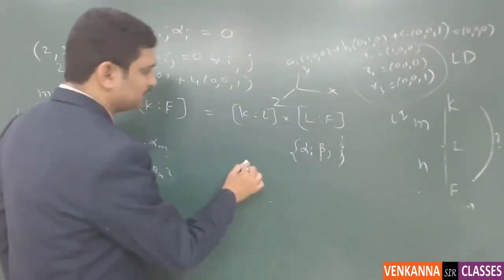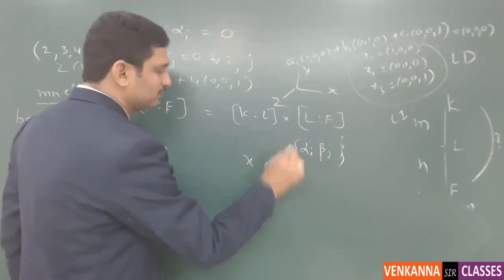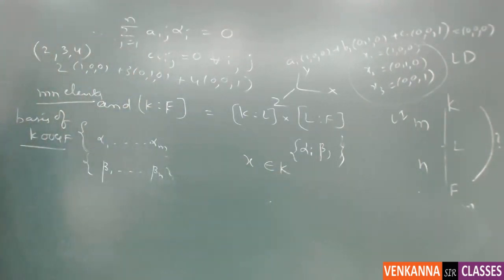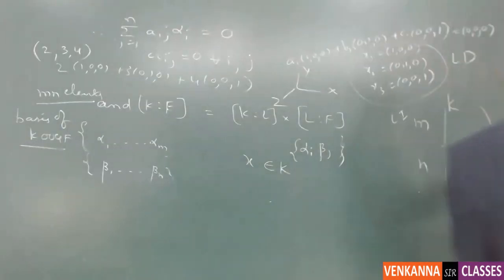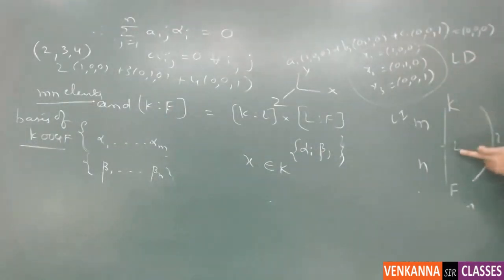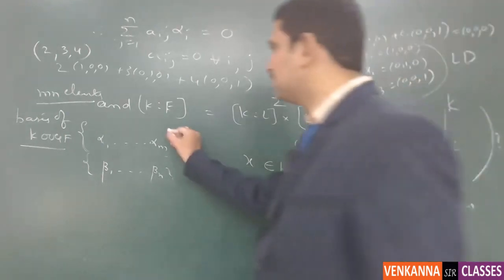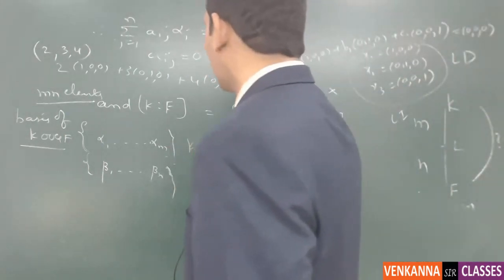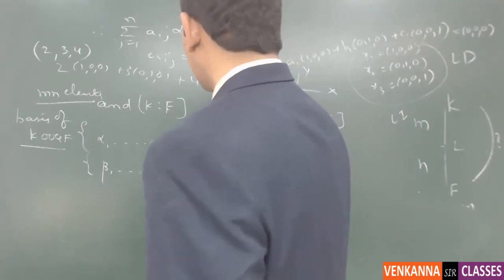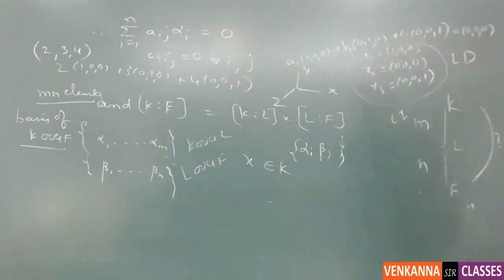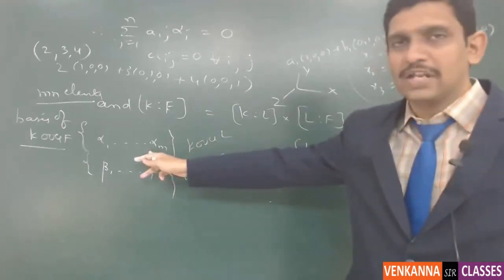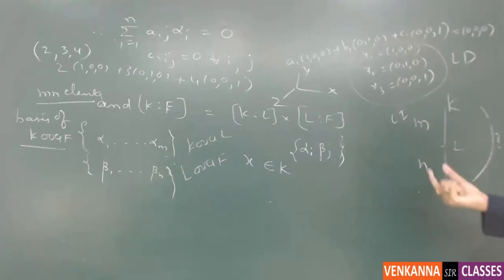So let us take that X is an element in K. Now what happens? K is a vector space over L, and I have taken that for K over L, there is a basis, and this is a basis for L over F. So from the very definition of basis, if you take any value in K, that can be written as a linear combination of these values, and the scalars are taken in the field.